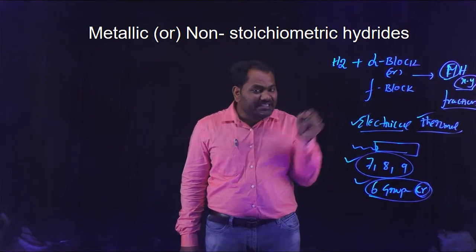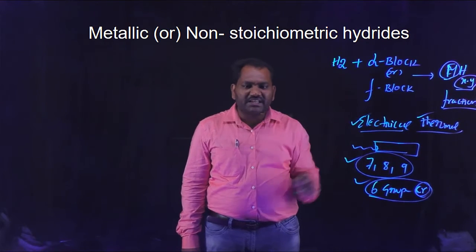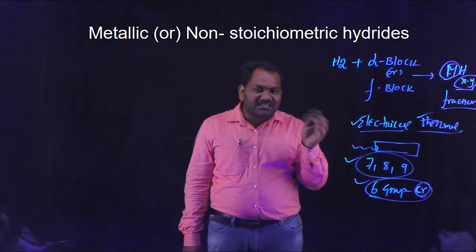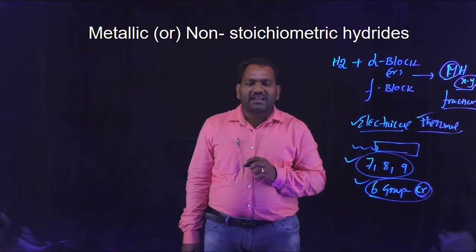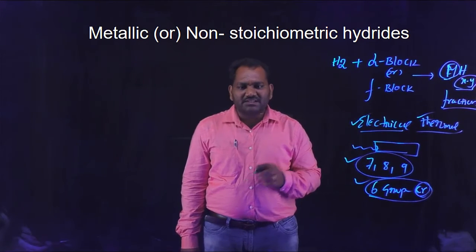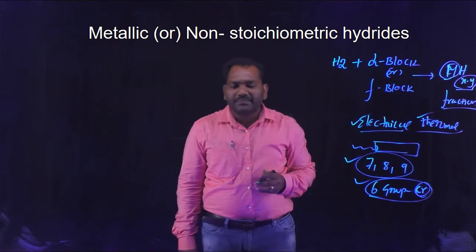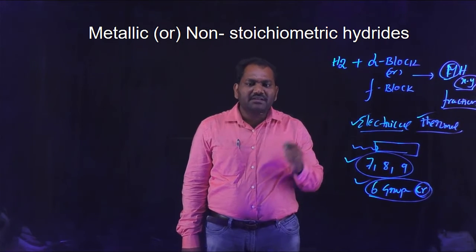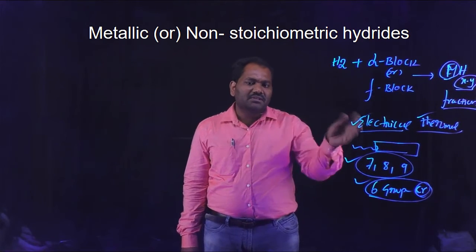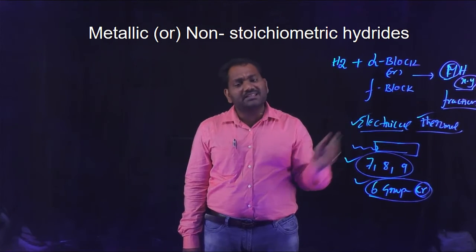But recent studies say that the lattice sites are changed. In some non-stoichiometric hydrides, when compared to the structure of the parent metal atoms, the lattice sites change their positions. That is another point.